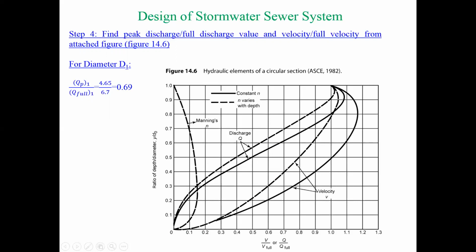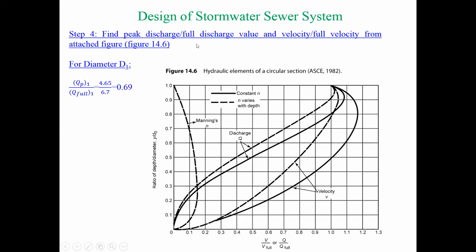V full and Q full are the values when the pipe is flowing full, which we got from our previous calculation, 6.7. And Q is the one we have from the peak discharge or peak runoff, which is 4.65. So we get QP over Q full as 0.69.